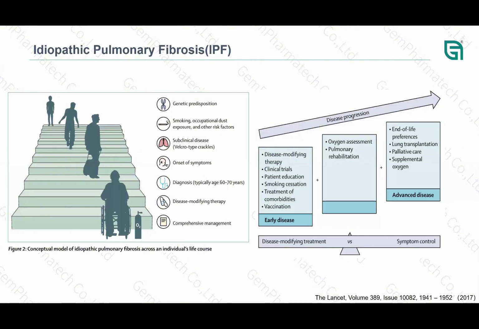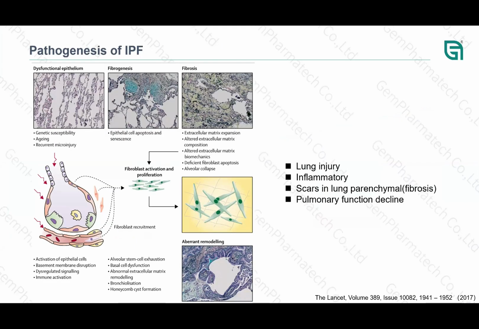Idiopathic pulmonary fibrosis is a prototype of chronic, progressive, and fibrotic lung disease. The healthy tissue is replaced by the excess extracellular matrix, and the alveolar architecture is destroyed in the patient. IPF is a high mortality disease, and the ongoing injury disrupts the lung tissue repair balance, causing the abnormal crosstalk between the damaged epithelial cells and the fibroblasts.